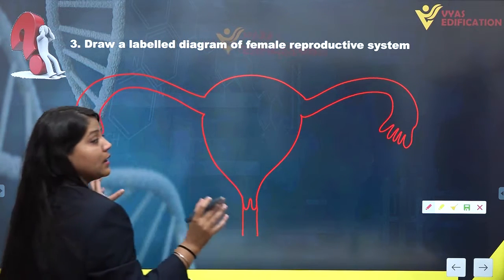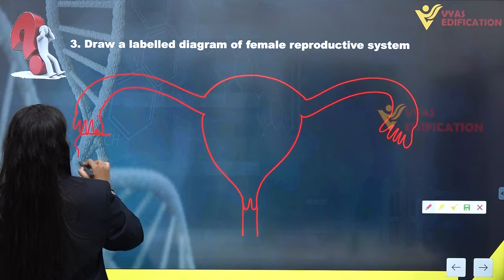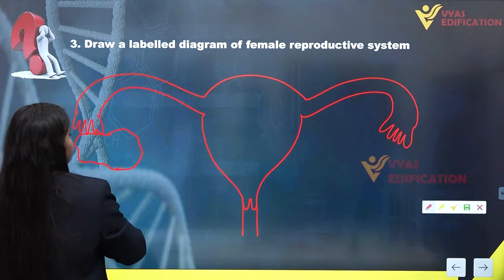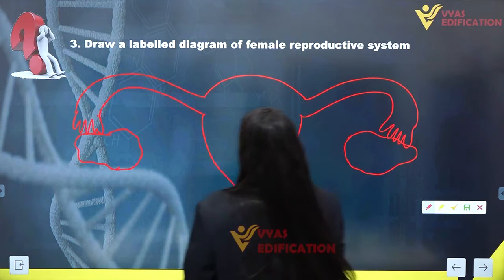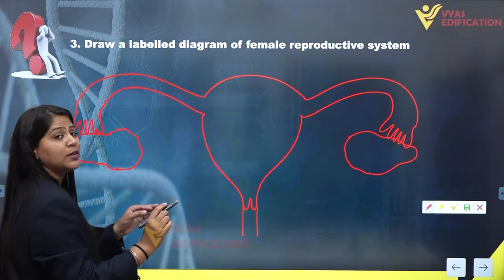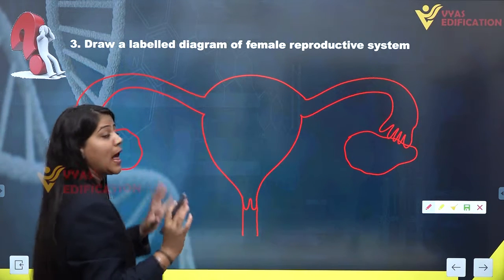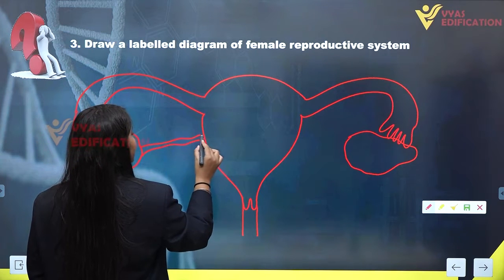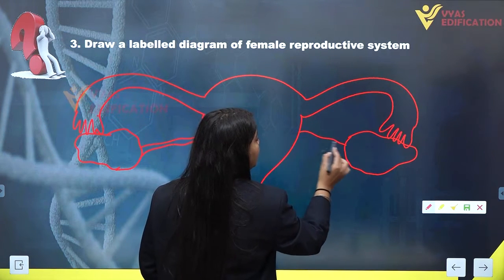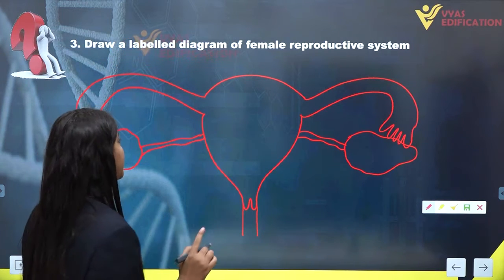Now we are going to make a pair of ovaries here. Ovaries, which are connected to the pelvic wall of our body as well as to the uterus with the help of ligaments. So these are the ligaments which are connecting the ovaries to the uterus as well as to the pelvic wall of our body.